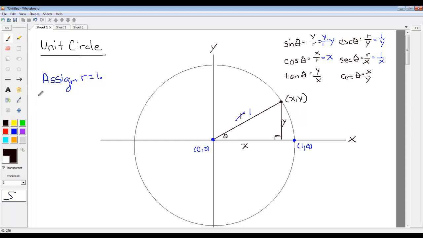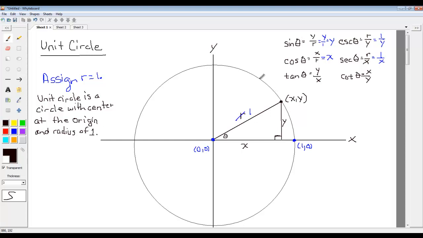The unit circle is a circle with center at the origin and radius 1. Defining it with a radius of 1 becomes very convenient, because now you can pick any point on this circle, any xy.